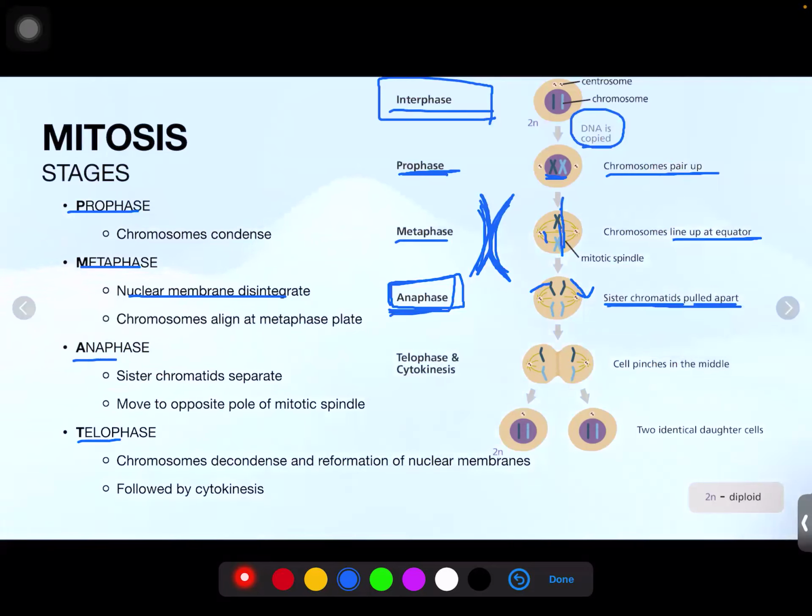So what happens next? Then the telophase. In telophase, the cell actually pinches in the middle and it's about to divide. Okay, and also cytokinesis, the cytoplasm also divides. And then the nuclear membrane reforms. See, the nuclear membranes are reformed. So what happens is there are two identical daughter cells.